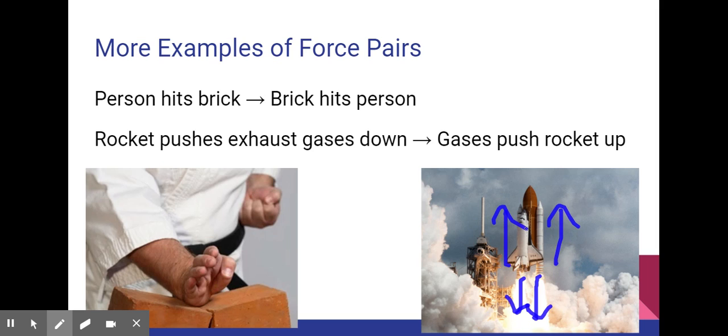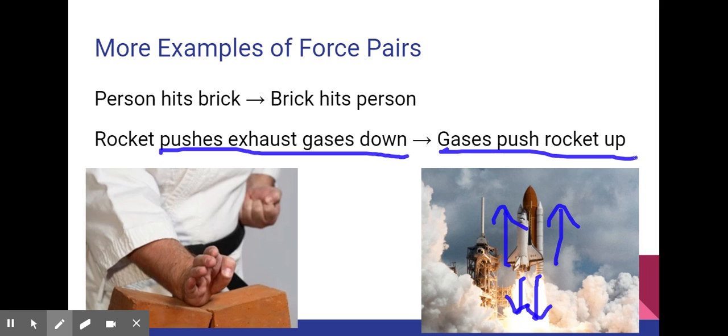So the real reason that rockets work is, again, because they're pushing those exhaust gases down or out, and the gases are pushing back on the rocket, which is why we have these huge fuel tanks for our rockets and for our payloads. It's because we have to have a lot of gas. We have to have a lot of mass to push something that's big and heavy back.